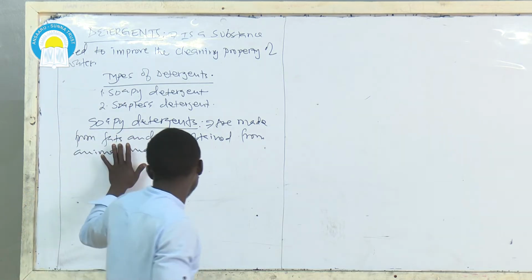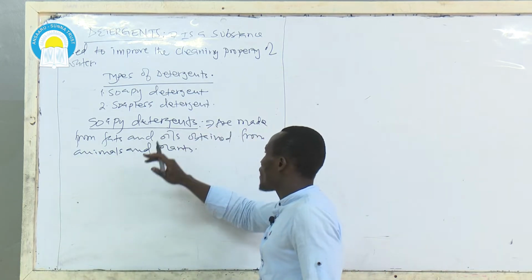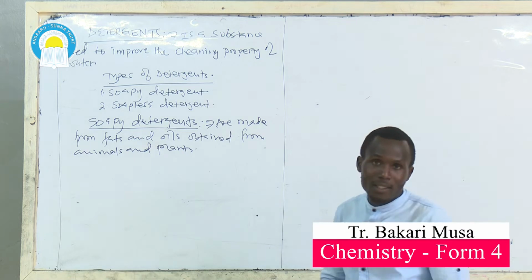So we have fats. Fats are saturated and obtained from the animals. We have the oils, which are unsaturated, being obtained from the plants.